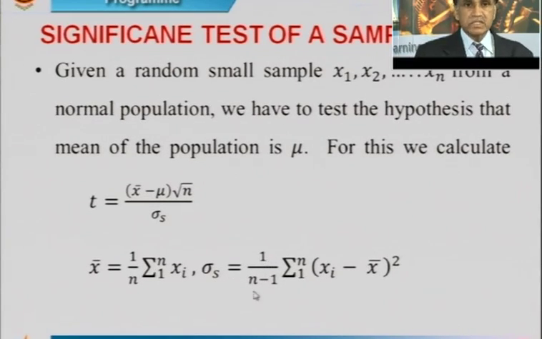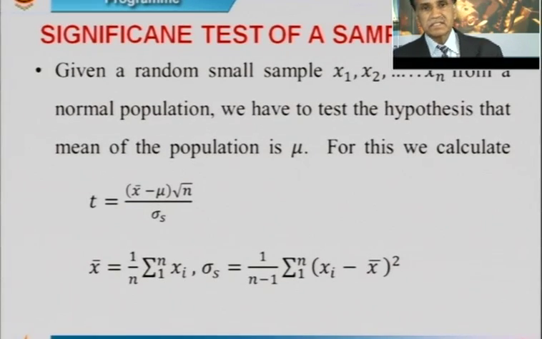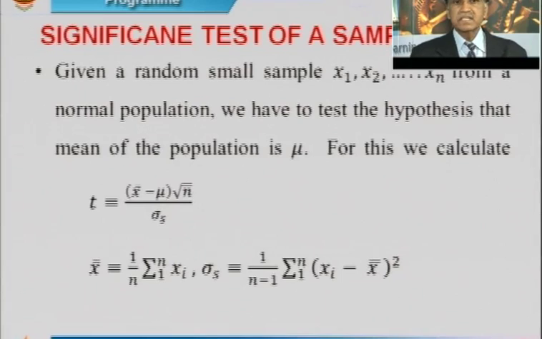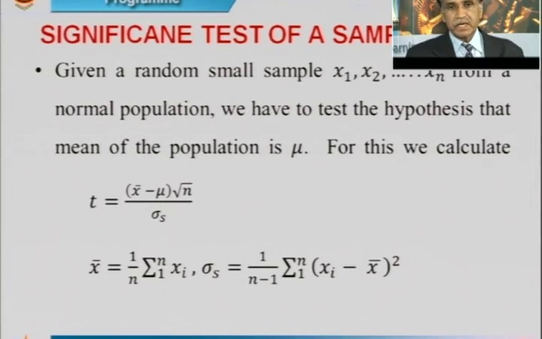The usual formula goes sigma from i equal to 1 to n of xi minus x bar, where x bar is the actual mean of the given series, divided by n minus 1 instead of n. That n minus 1 is nothing but the degrees of freedom.